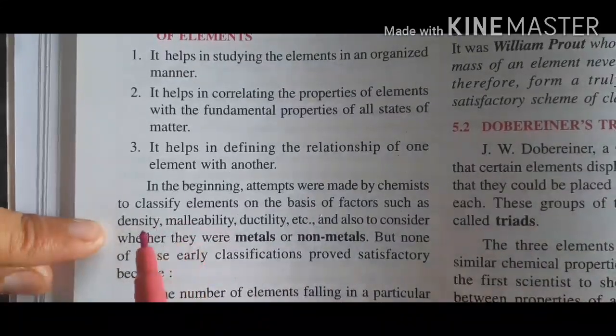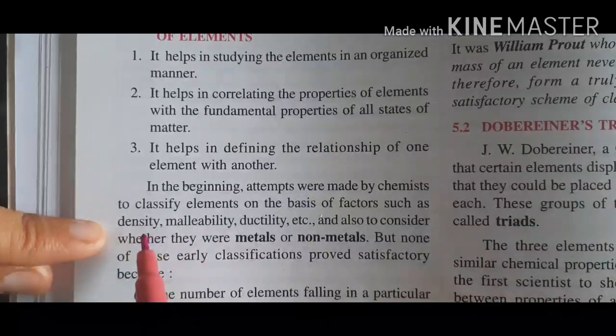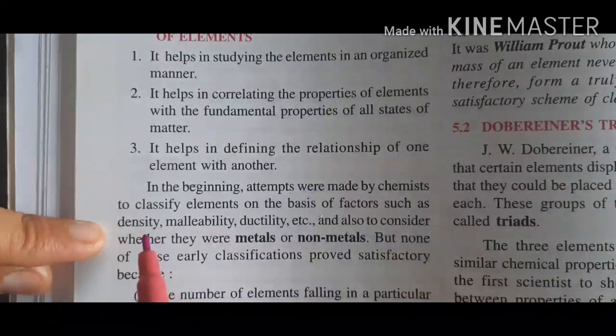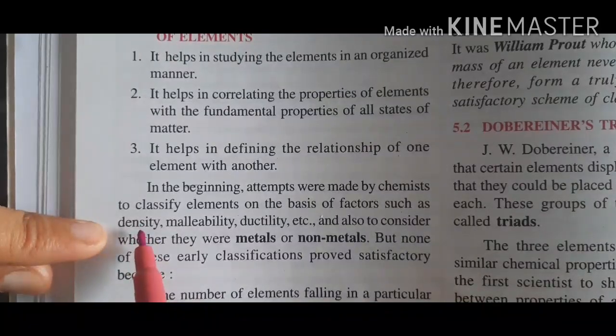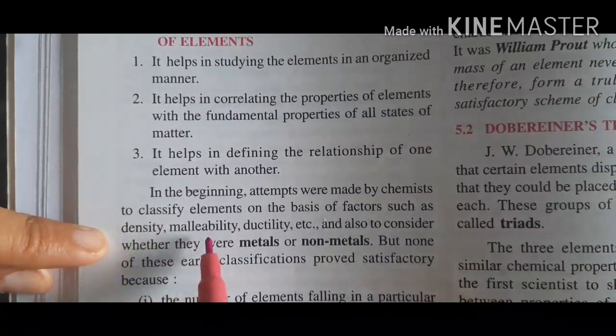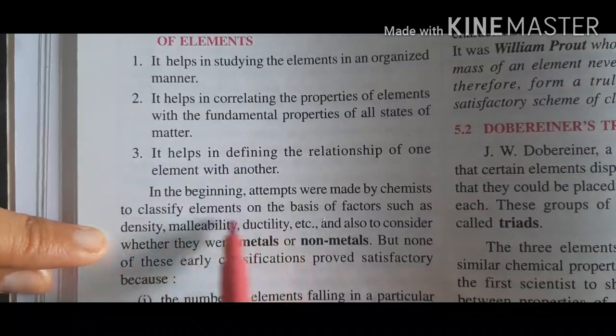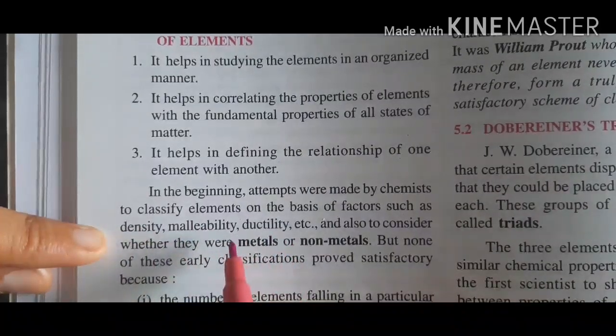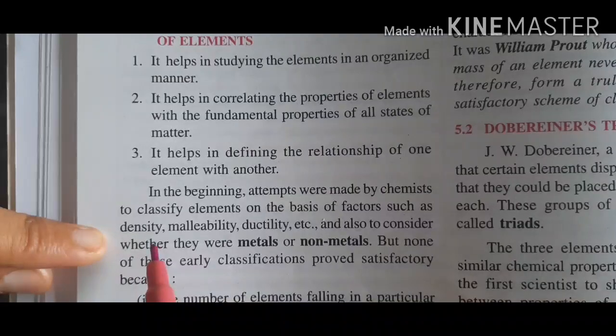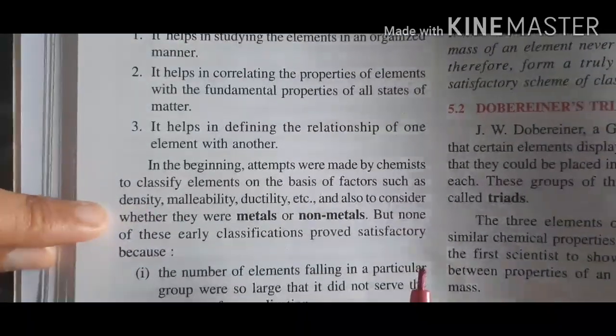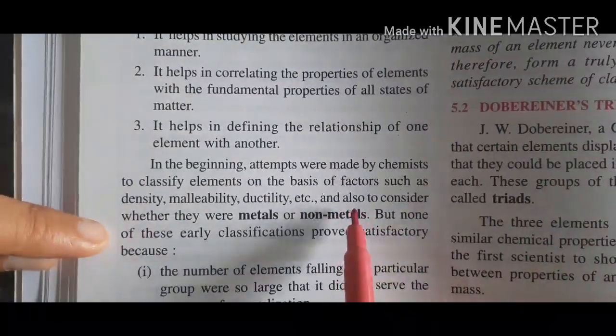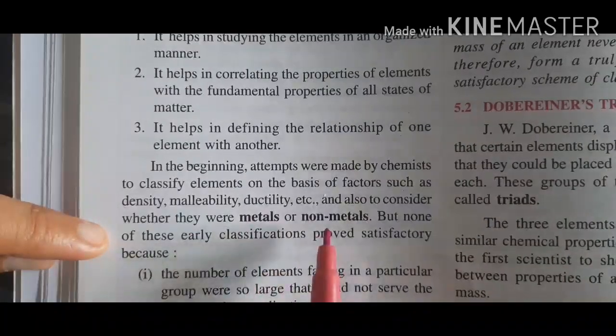First they grouped elements whose densities were near to each other, or similar. So they made groups according to density. Then malleability, then ductility. They chose a particular characteristic and made groups according to that, but they may have failed.